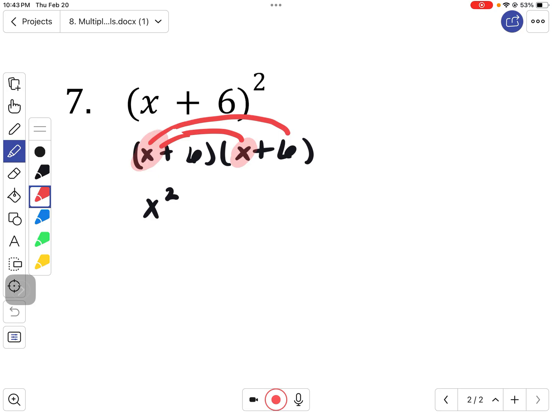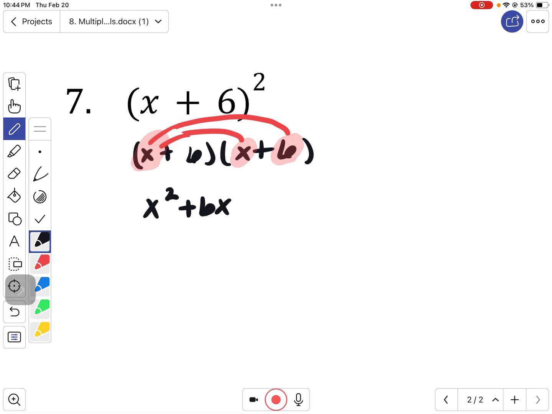Now I'm going to take this x again and multiply it by this 6. If I take x times 6, in front of my x is the coefficient 1. That's going to give me 1 times 6 is 6, and I still have that x. Now I'm going to distribute my 6 to both pieces.